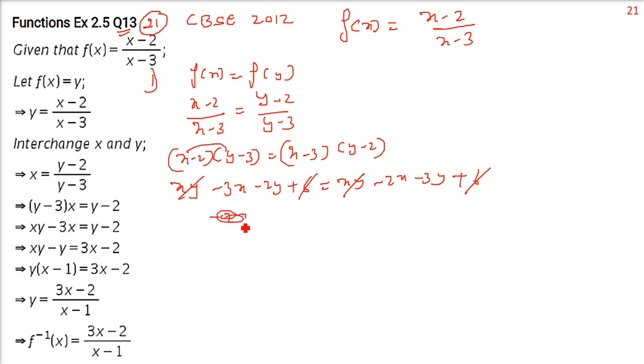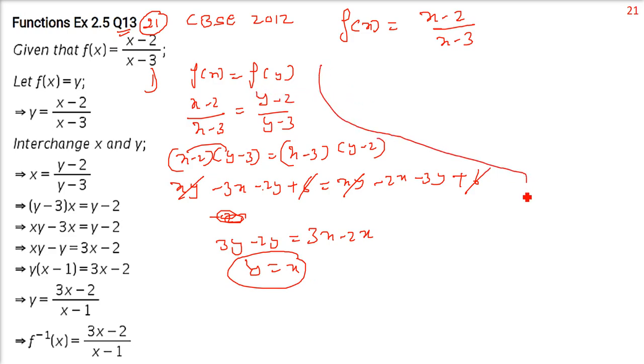Then you will find 3y minus 2y equals 3x minus 2x. So y equals x, that is essentially x equals y. What does it mean? We started with f(x) equals f(y) and proved x equals y, that is, it is 1-1.